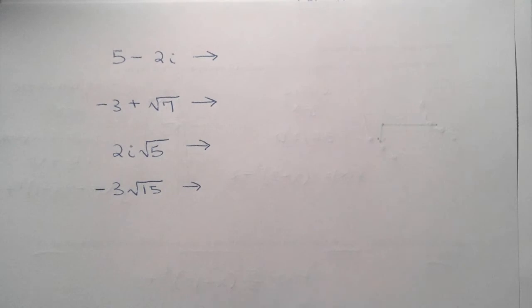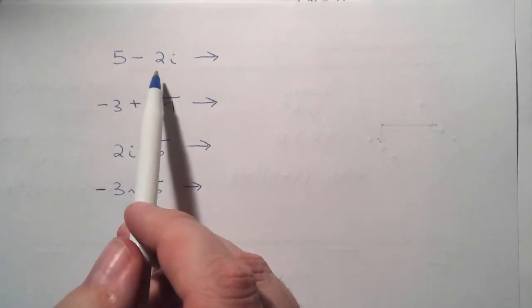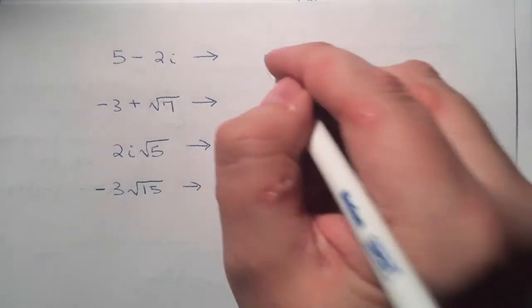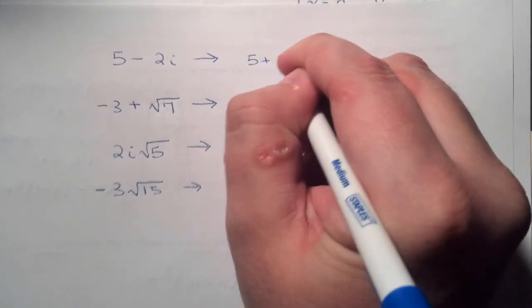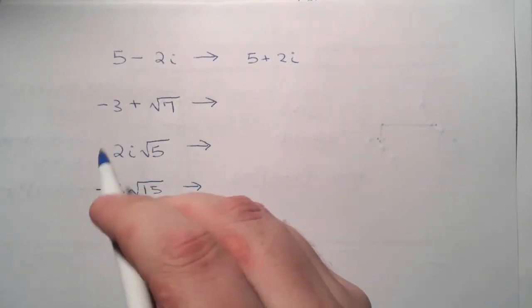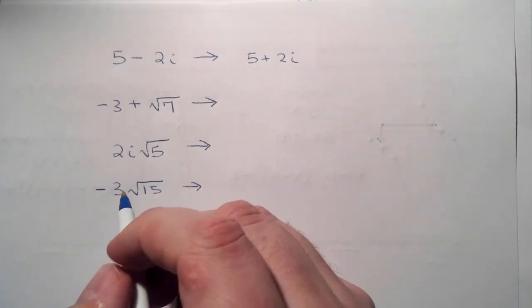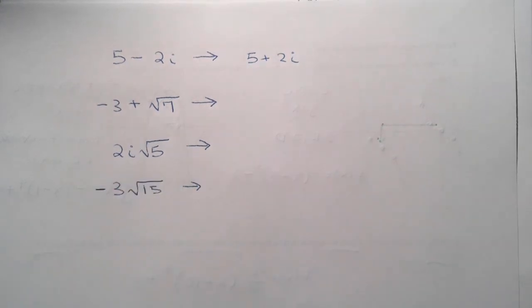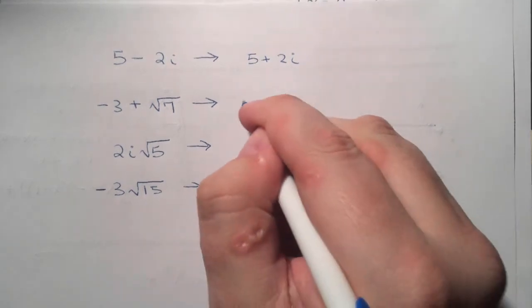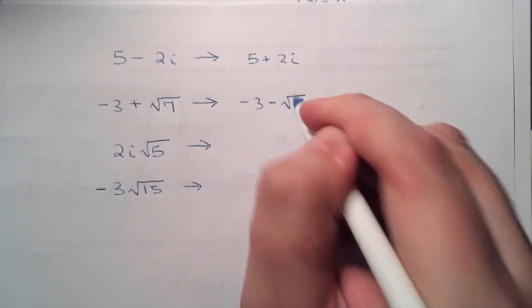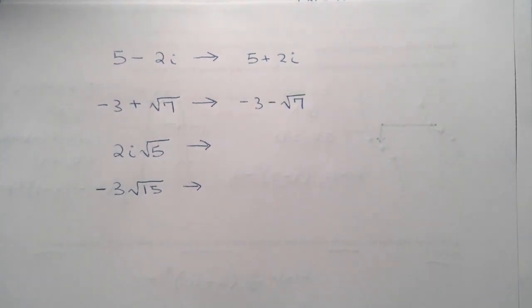So here's some examples. 5 minus 2i, if that is a root of a certain polynomial, then 5 plus 2i must also be a root. Notice I've changed the operation in between. If negative 3 plus the square root of 7 is a root of some polynomial with rational coefficients, which for us that's everything, then negative 3 minus the square root of 7 is also a root.